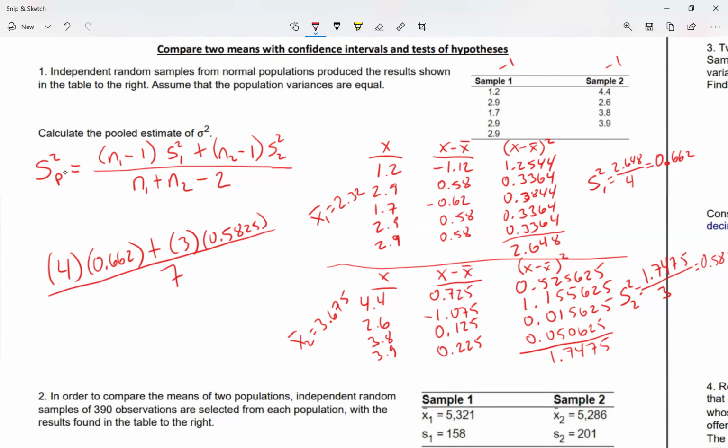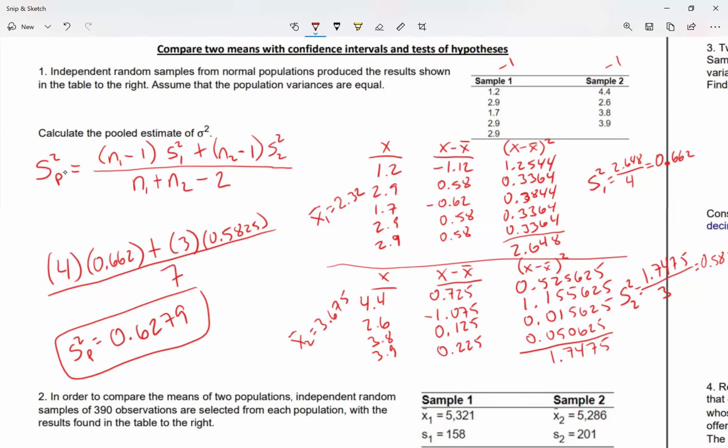I'm going to round my answer to 4 decimal places because it gave me like 0.627929. So I'm going to say my pooled variance here should be 0.6279.